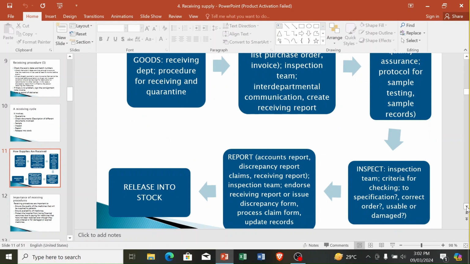So you inspect for a number of things: expiry, breakage, damage, quality, color, and any other necessary things. After that, a report is given to accounts, a discrepancy report is given, and then a receiving report is given.